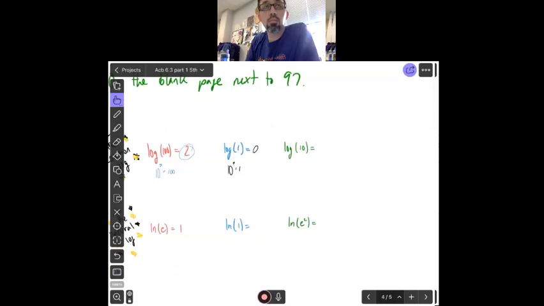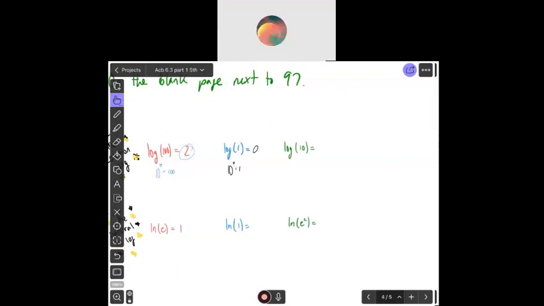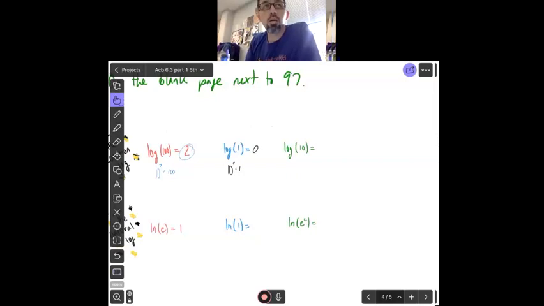Log of 10 is 1. So log of 100, I can't remember exactly how to say it. Log of 100 means 10 to the what is 100. Log of 1 means 10 to the what is 1.